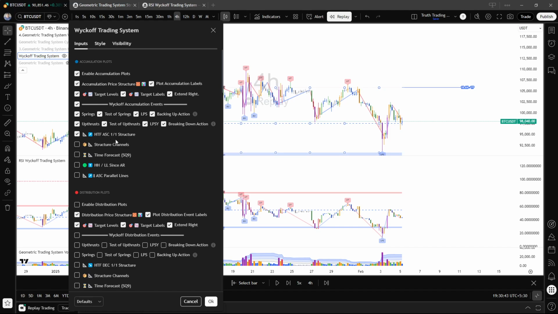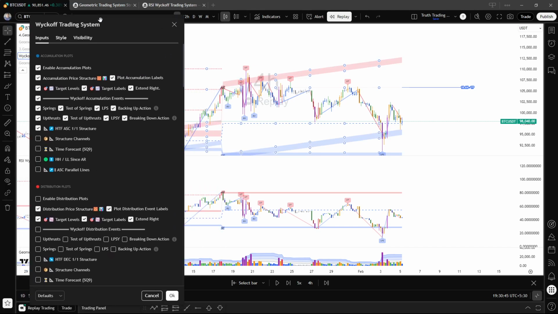Okay, so let me just do that. I'll just add that. Okay, and structure. You'll see the trend line here coming. So it gives you some clue that okay, market is trending down, right? And we can also do some time forecasting as well if we want, but I'll just let it slide for now.